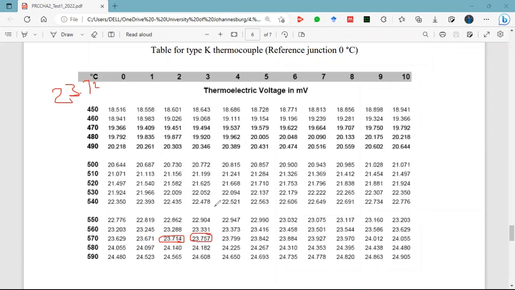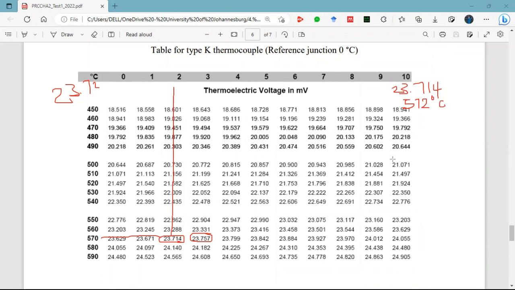So what is this one? The first one is 23.714 millivolts. That is going with 572 degrees Celsius.